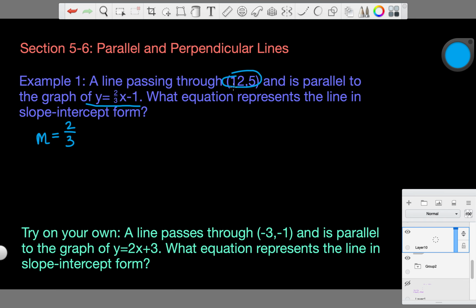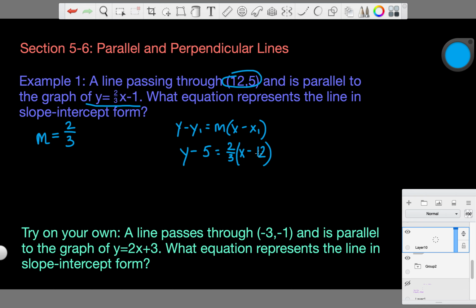So we are given a point and we have the slope. We're going to put this into our point-slope formula, and then we're going to solve for y. So we get y minus y1, which is 5, equals 2/3 times x minus x1, which is 12.